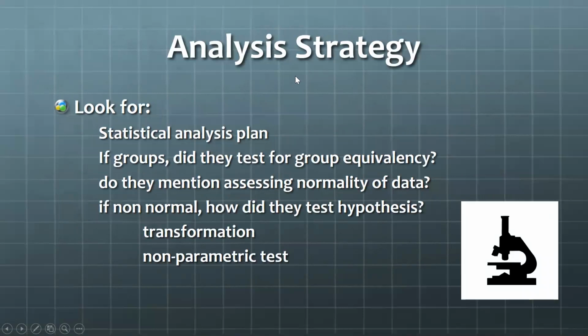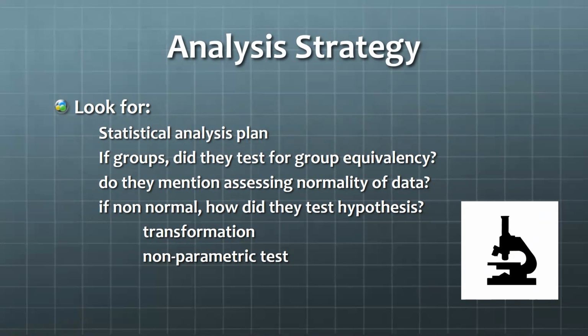So look for an analysis plan and make sure that they report if they made sure that the groups were equivalent. This is one way of testing a group, to make sure that there are no differences between them. For example, many times studies will report the distribution of men and women within each group, a control group and an intervention group.